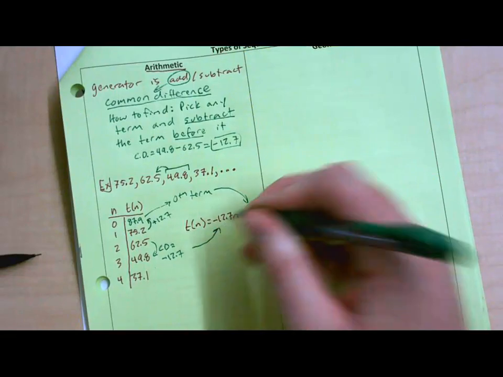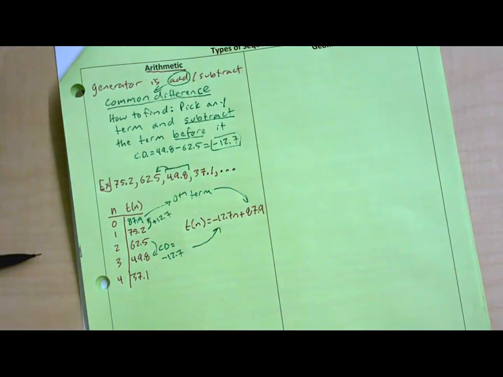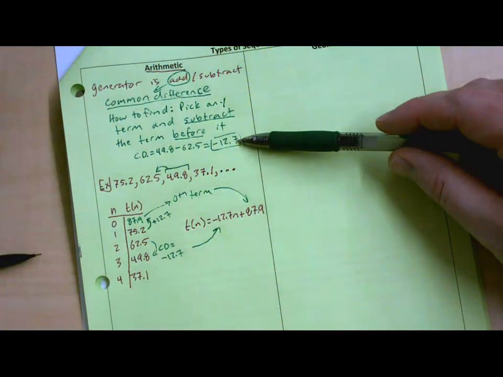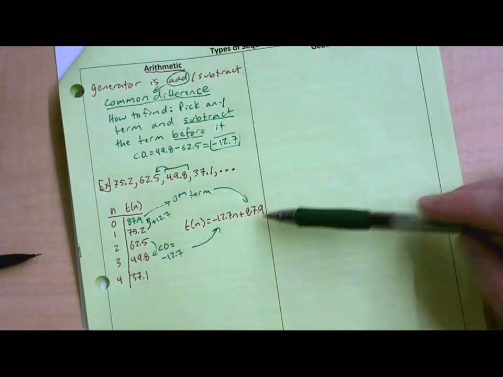Common difference gets attached to the n. So we've got an example of a sequence, how we found the common difference, how we turn it into a table, how we turn that into an equation.